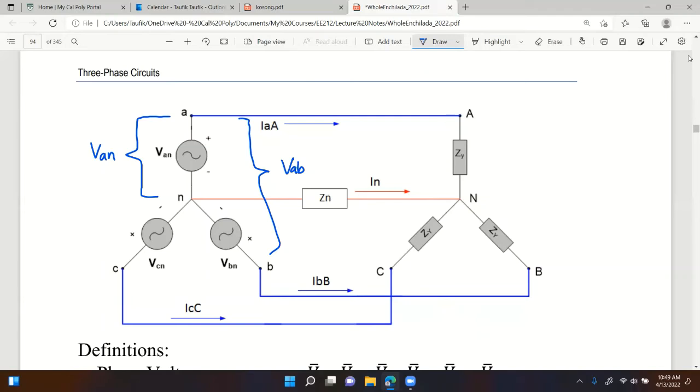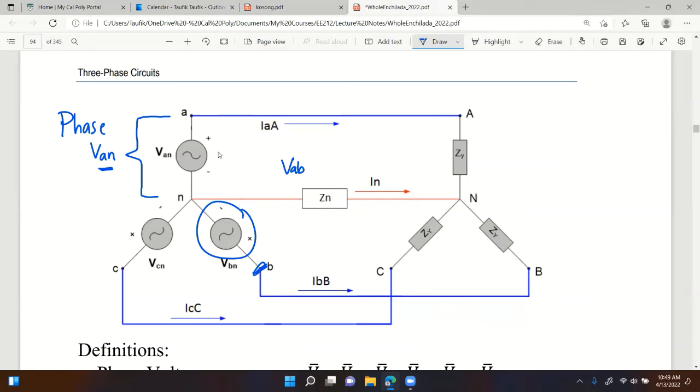You can see clearly that VAN, our phase voltage, consists of only one source. Whereas VAB, the line-to-line voltage, covers two sources, this one and that one. So obviously they're going to be different, right?